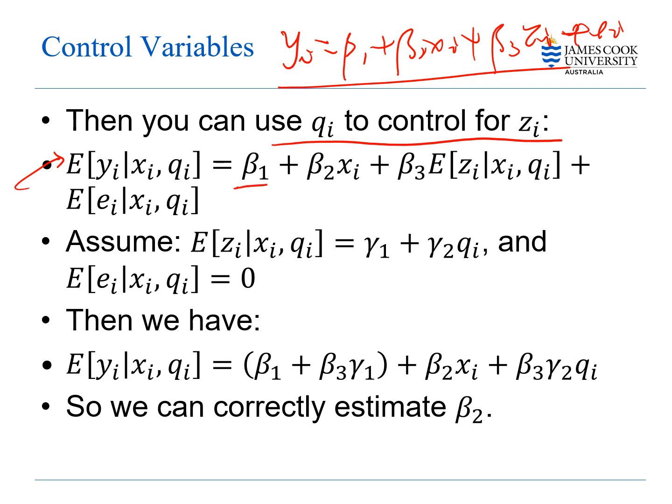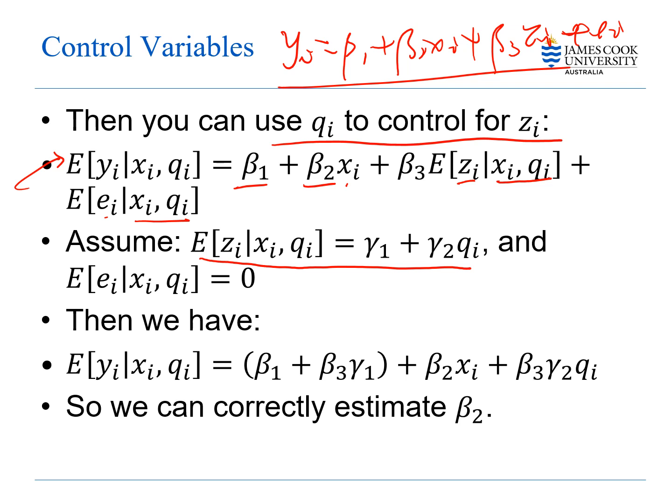So beta 1 is a constant, does not depend on X or Q or anything else. And beta 2 is a constant, and we are conditioning on Xi, which means that we're treating Xi as constant, no longer random. And now the conditional expectation of Zi given Xi and Qi, plus the conditional expectation of Ei given Xi and Qi. So now we are going to assume that this is a linear function. It can be nonlinear, maybe we have a square term, cubic term here, which is fine.